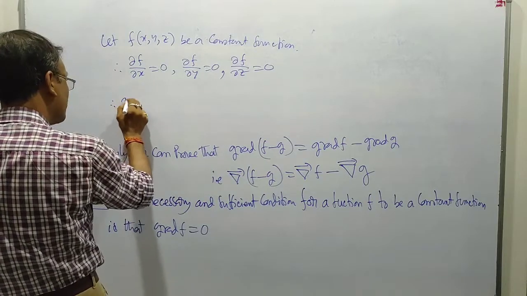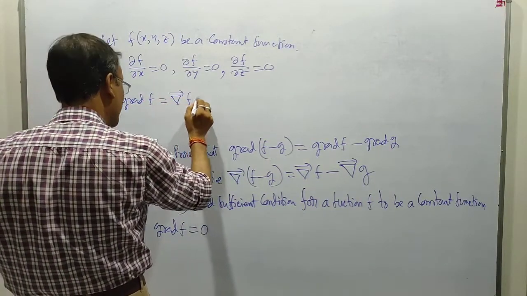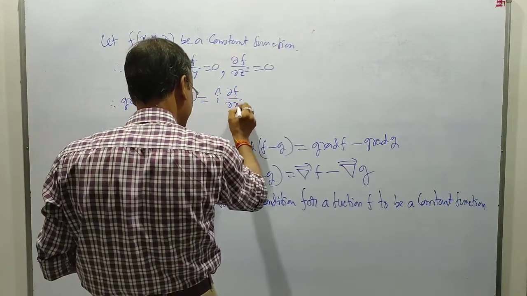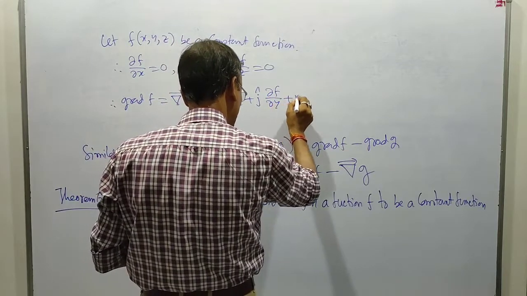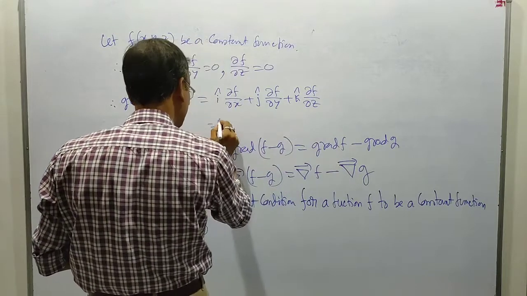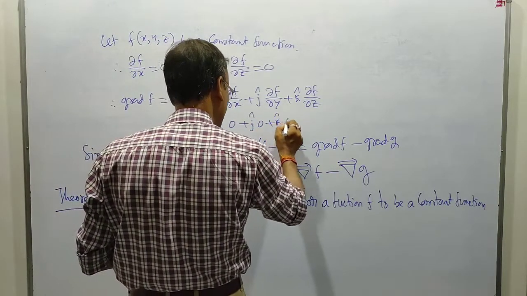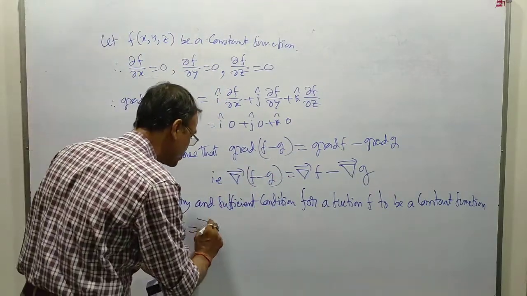Therefore, gradient of f is equal to i cap ∂f/∂x plus j cap ∂f/∂y plus k cap ∂f/∂z, which is equal to i cap 0 plus j cap 0 plus k cap 0. I am very sorry, gradient of f should be a vector 0.